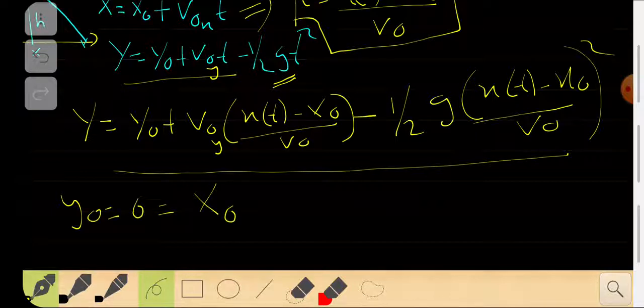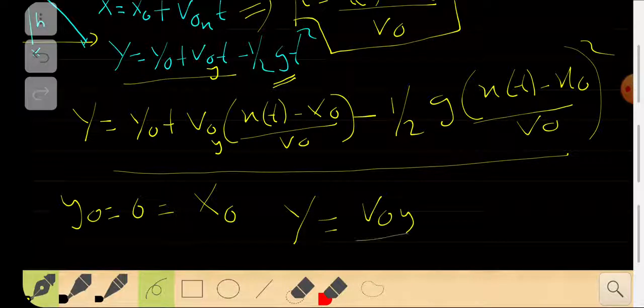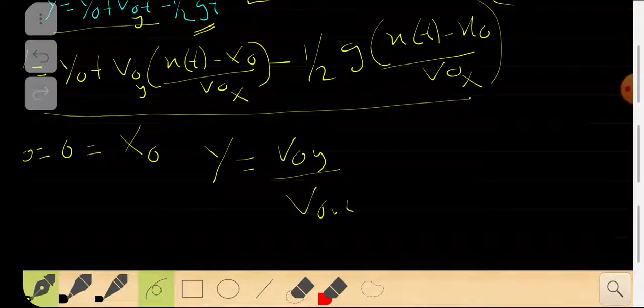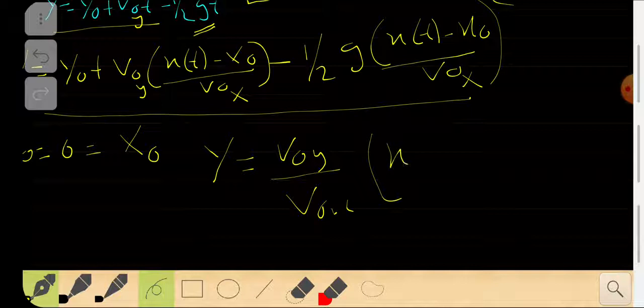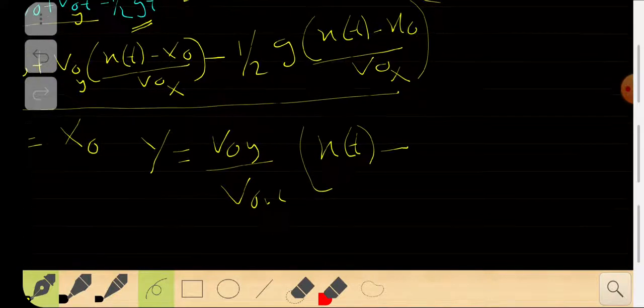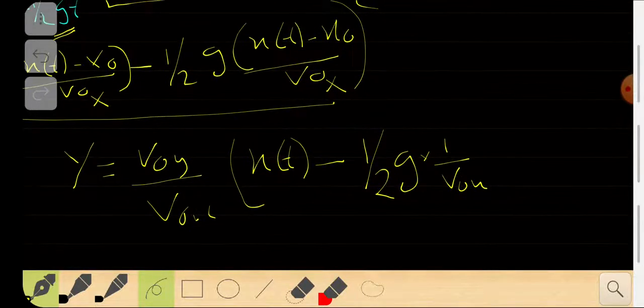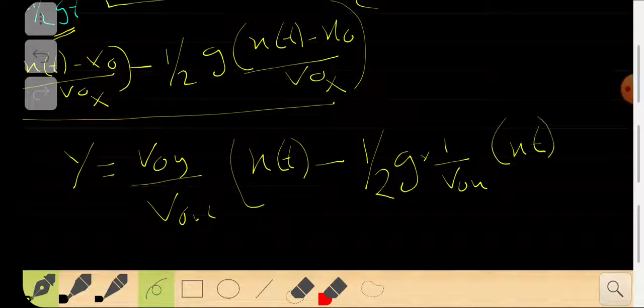So now you can clearly say that you can substitute that back into this equation. You say v0y by v0, this is v0x, right? So this is v0x, so v0y by v0x, times x of t, minus half g times 1 by v0x the whole square times x of t the whole square is the equation.